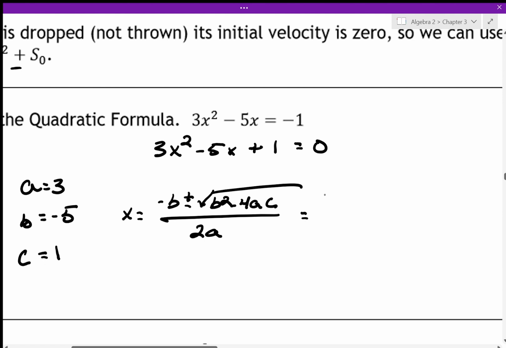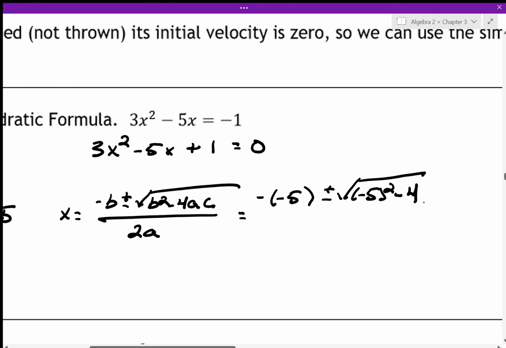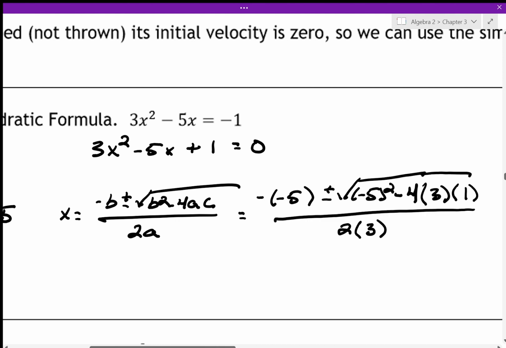So we're going to have -5 plus or minus the square root of -5 squared minus 4 times a, which is 3, times c, which is 1, all over 2 times 3. That's my a value.